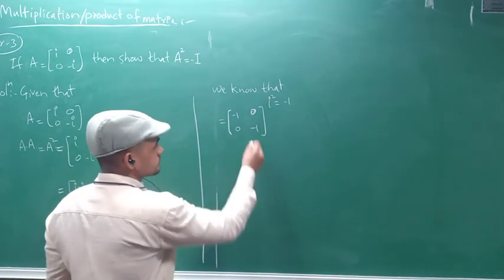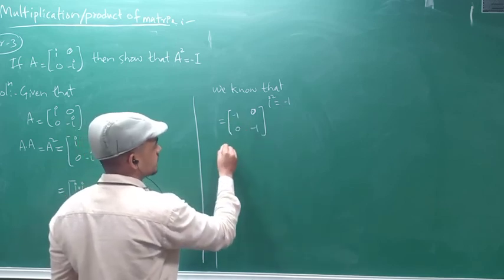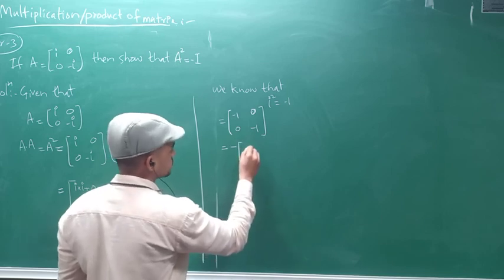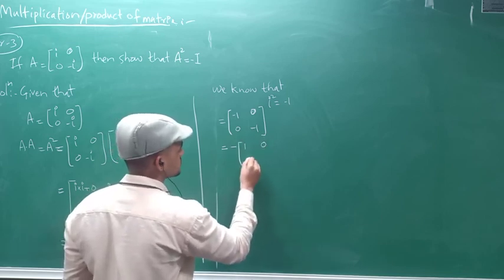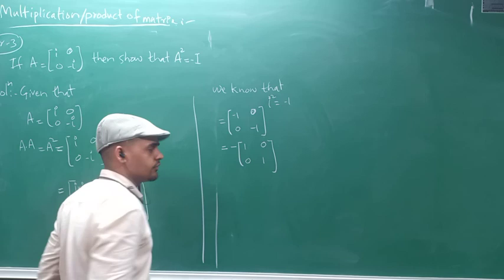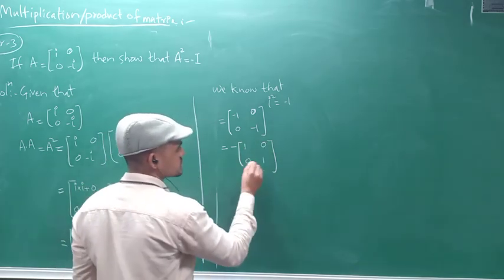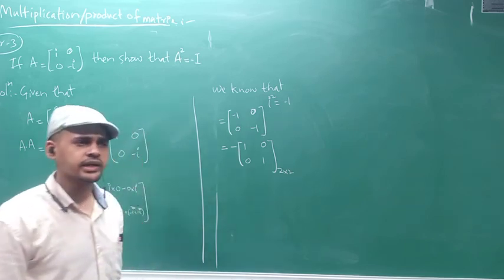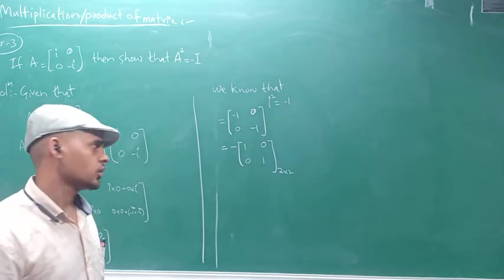Okay, now take the common minus. So I am taking minus common, so I will get 1, 0, 0, 1. If you see 1, 0, 0, 1, this is the identity matrix of order 2 by 2.